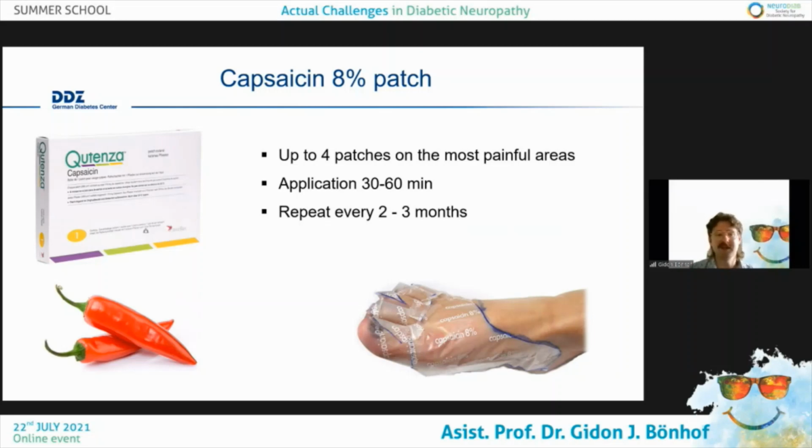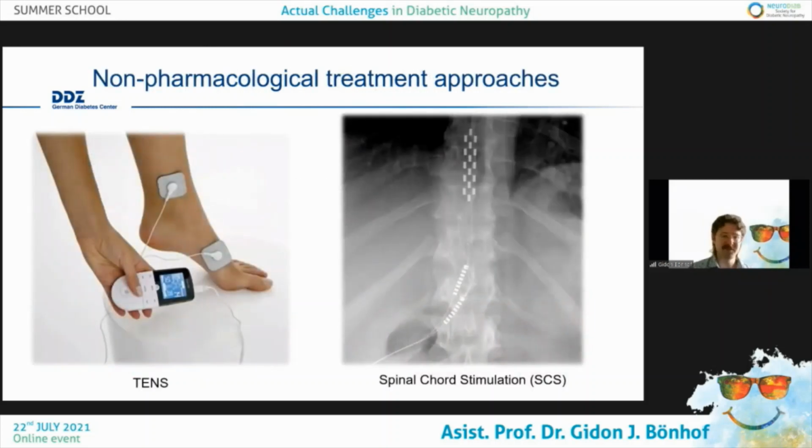But as I have shown you with the Cochrane reviews, the other symptomatic treatments are also trial and error approaches in painful diabetic neuropathy. So if everything that I told you previously did not have a significant effect on neuropathic pain, there are other treatment approaches that are non-pharmacological, so without drugs or active substances.